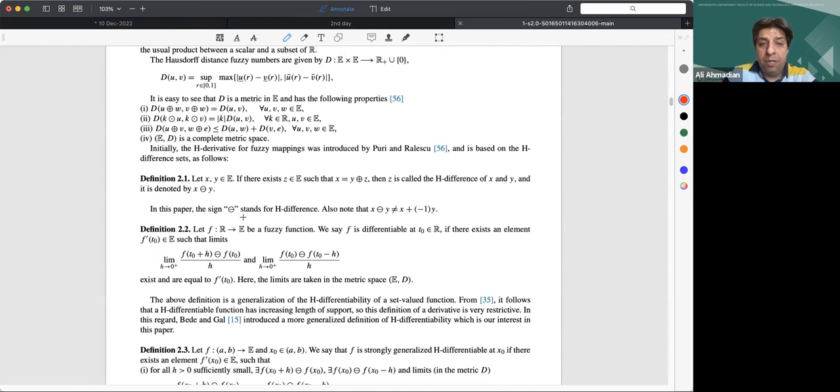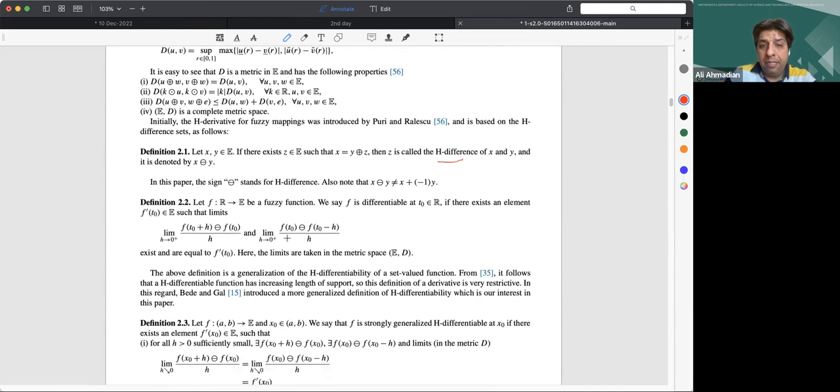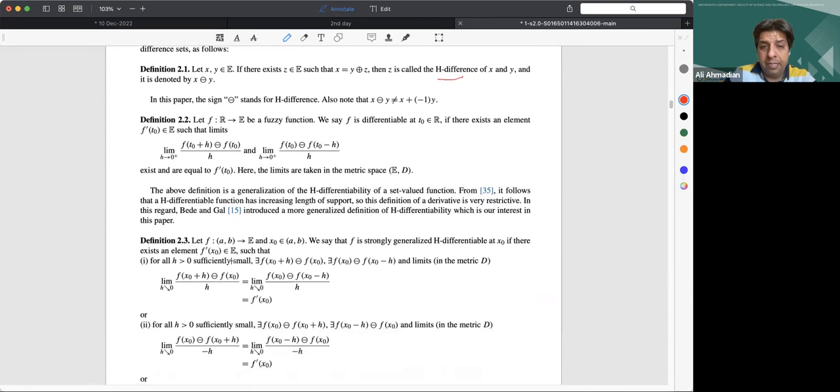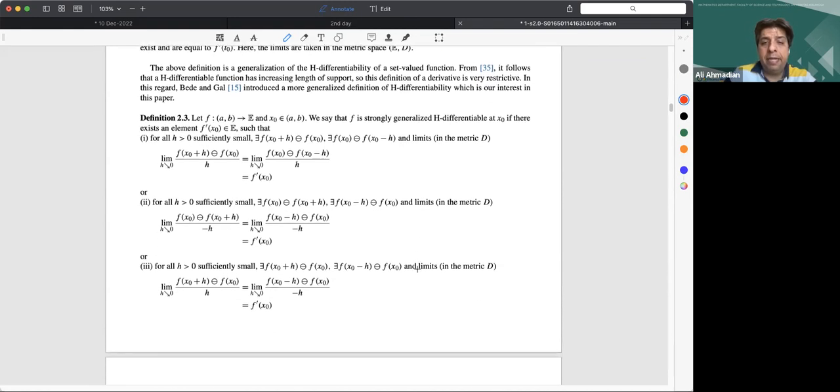Here, we explain that we have a generalized Hukuhara difference, and then the differentiability is defined based on Hukuhara differentiability. Then I go through the generalized Hukuhara differentiability and explain it.